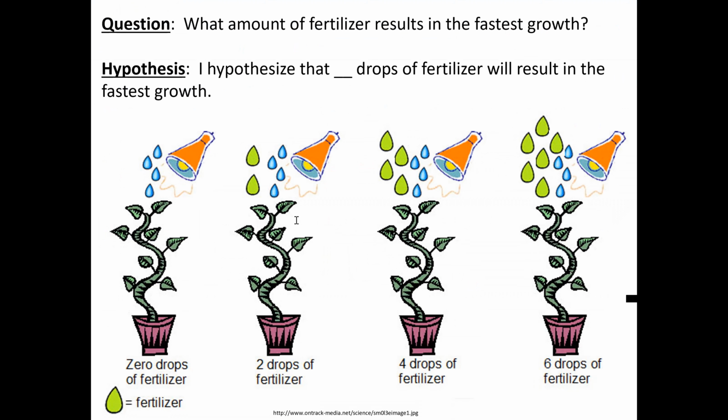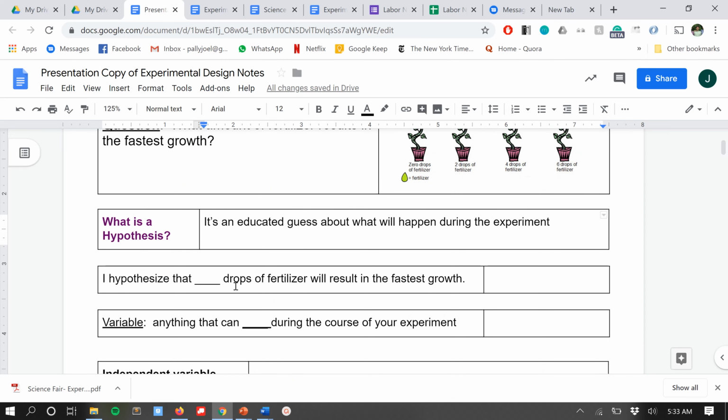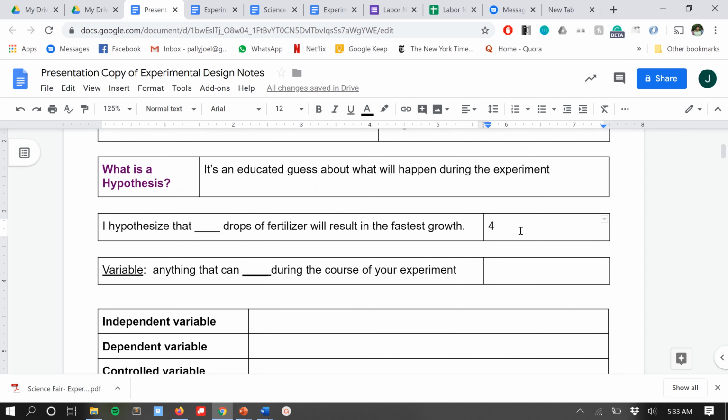Use your prior knowledge about how fertilizer helps plants grow and what might happen if you put too much fertilizer. So I'm going to put my hypothesis in this box here, filling in the sentence: I hypothesize that 4 drops of fertilizer will result in the fastest growth. Feel free to write your own answer, what you think.